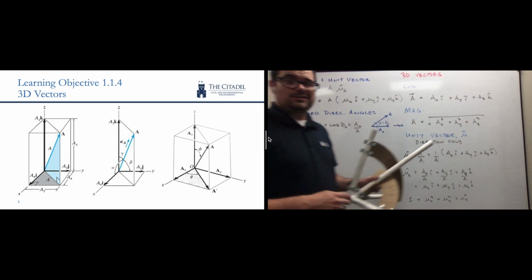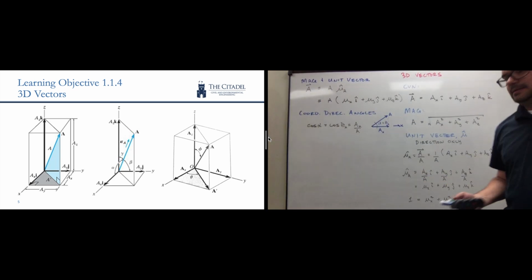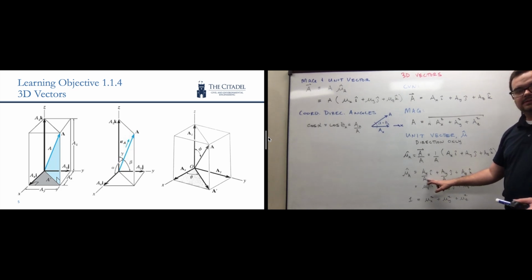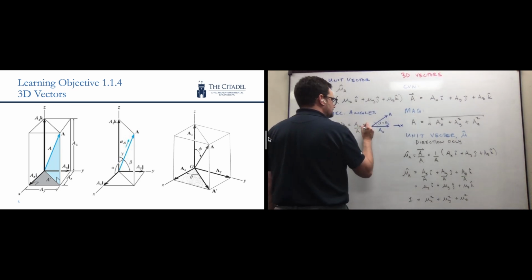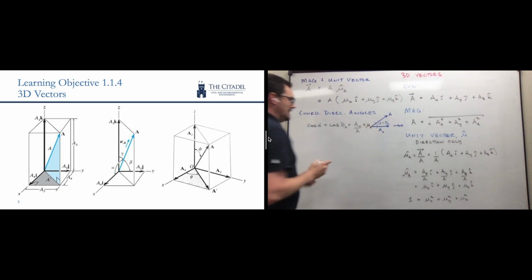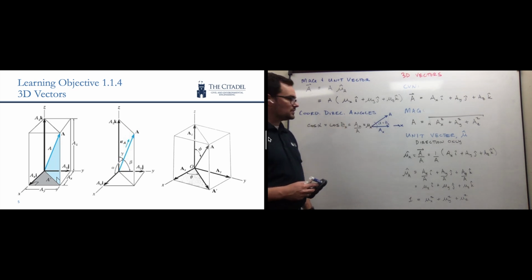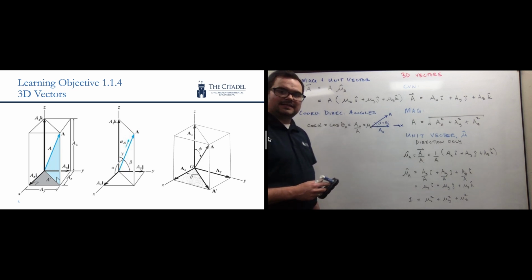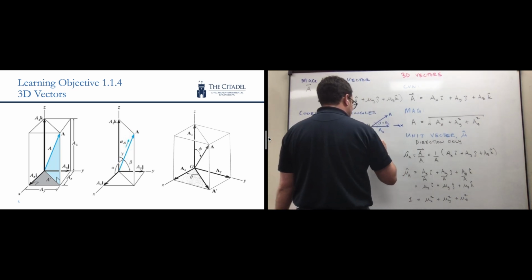Now, one of the other things you'll notice, have we written Ax over A on the board before? What about down here? It turns out that mu x, that is the cosine. So again, if we have the angle, we can just take the cosine and we'll get our mu x component. Or if we know the x component and A, we can solve for mu x using inverse cosine. Or if we know the angle and the overall magnitude, we can get that there. Now, it turns out we can do the same thing again. Now let's look at the y-axis.